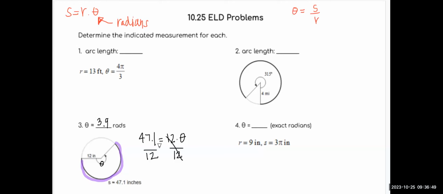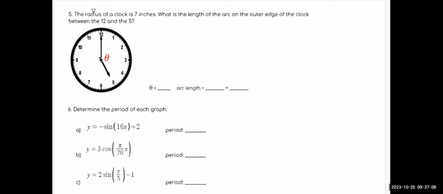Okay, so far, any questions here? Okay, so you can use this one formula to solve for any of the 3. You could find the arc length, you could solve for radius, you could solve for the angle measure. All right, let's go to the clock one, number 5.